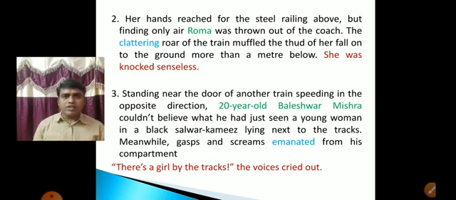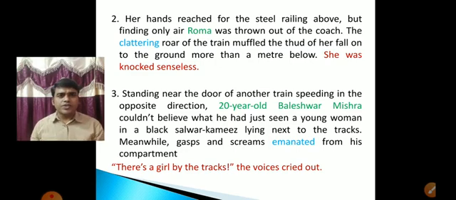Because of that clatter, the roar of the train, the sound the train produces when it is moving, muffled the thud of her fall. Muffled in the sense that it wasn't heard by anybody because of that train sound, children. And her fall was not known to anybody inside the coach.